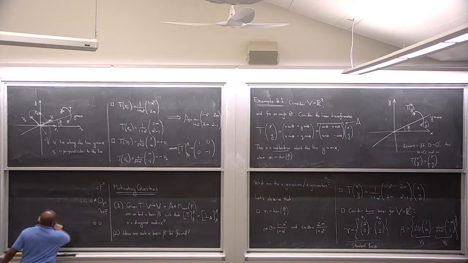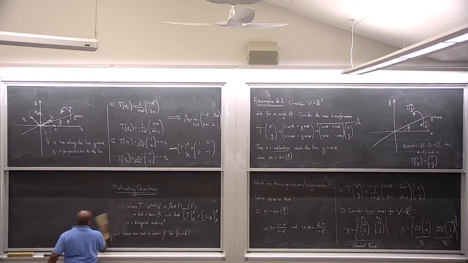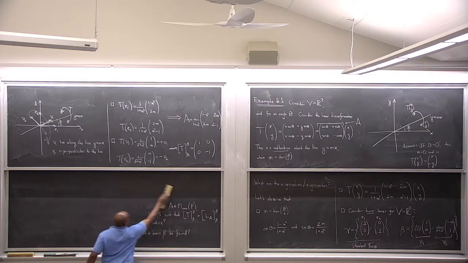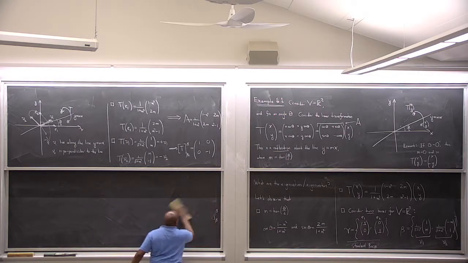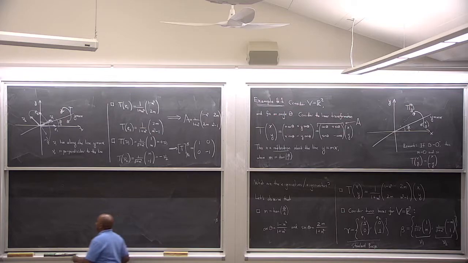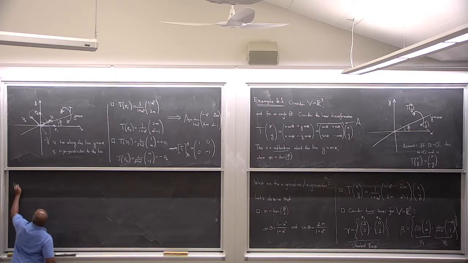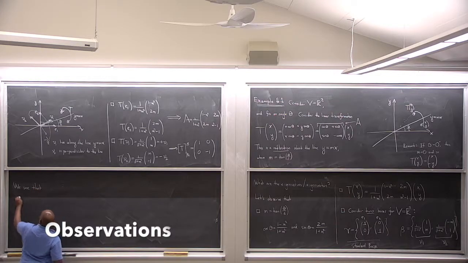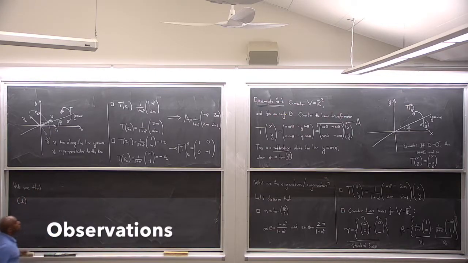So here's what we just realized. We see that number one, both A and T are diagonalizable.